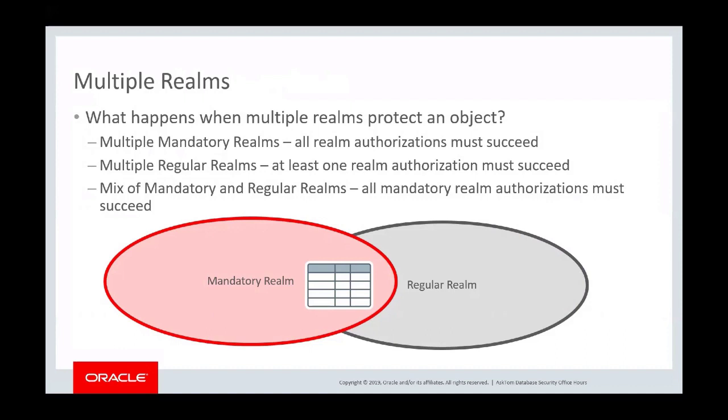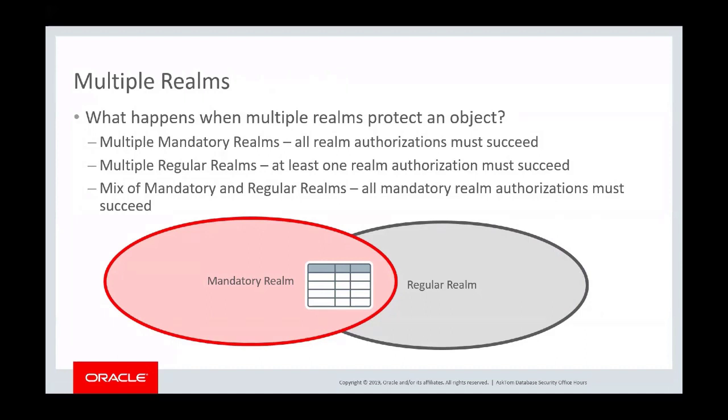When you have multiple mandatory realms protecting an object, and an SQL statement attempts to access that protected data, all conditions in all mandatory realms must be met. That means you must be able to pass through every mandatory realm to access that data.